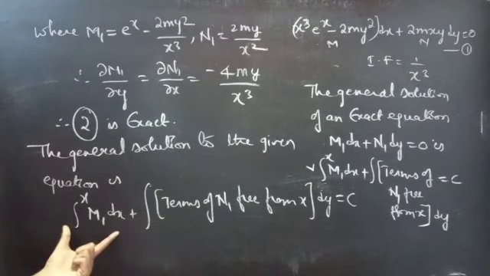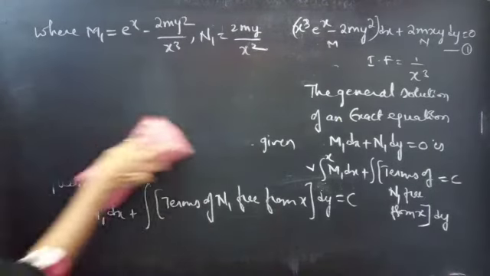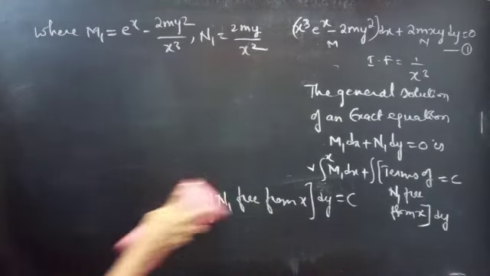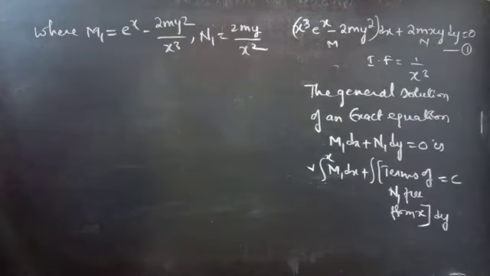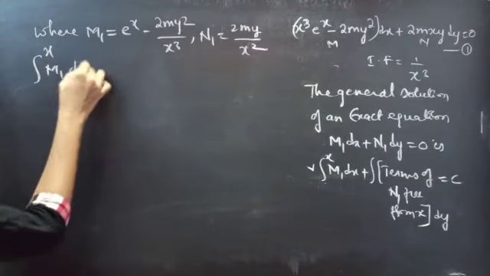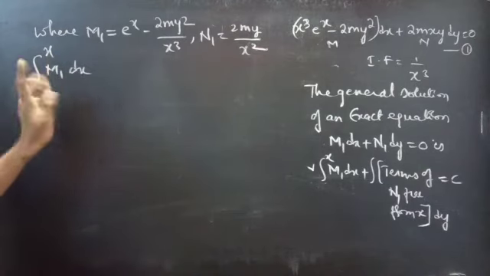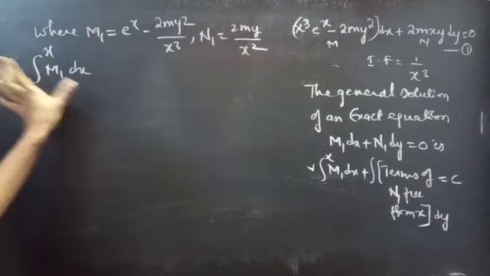So firstly we'll evaluate the first integral, the integral over x of m1 dx. Integral over x in the sense here y is treated as constant. For this integral we'll treat y as constant.